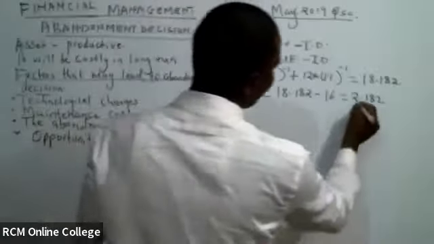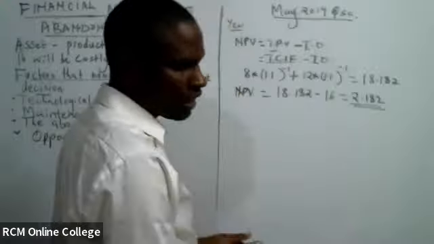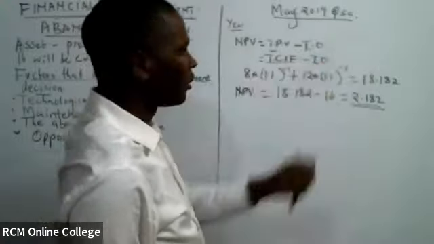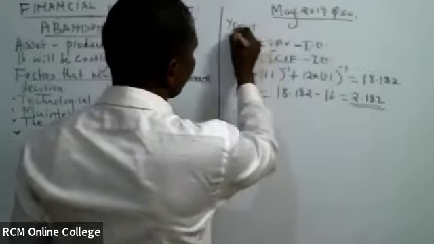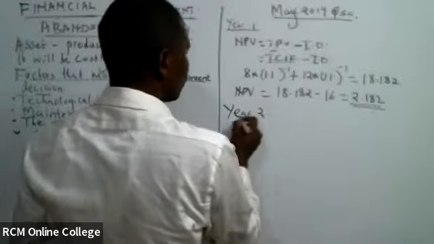So our net present value at year 1, if we abandon that at year 1, we get this. This is what we shall get. This is year 1. What about now when we go to year 2? Year 2.